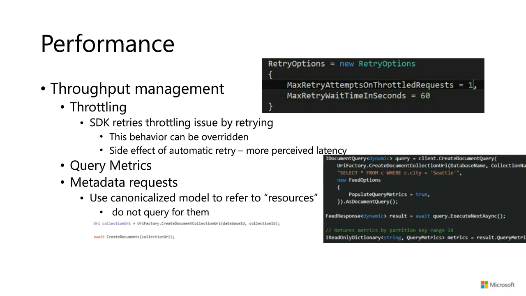Now, about the other thing I was talking about, the query metrics and the metadata requests. Let me cover one small piece, and then I will show you the query metrics out of the box. If you go to the monitoring piece, you will see System on one side.